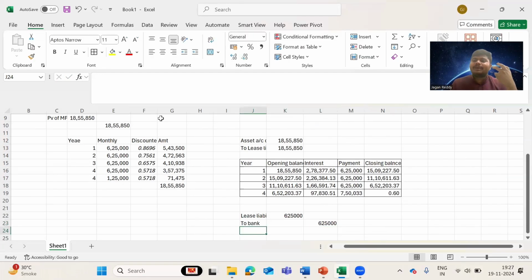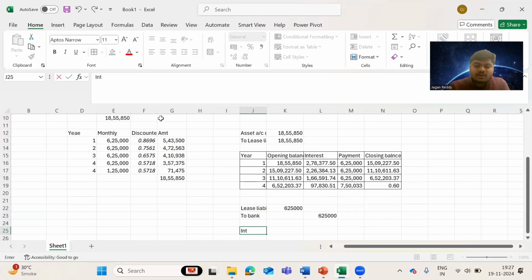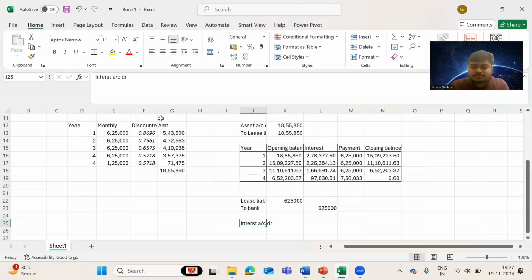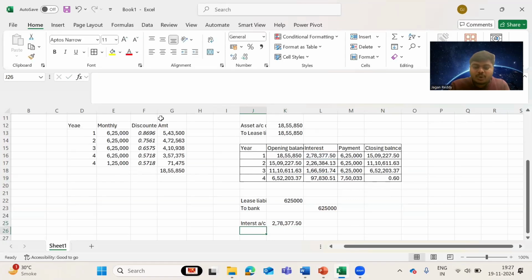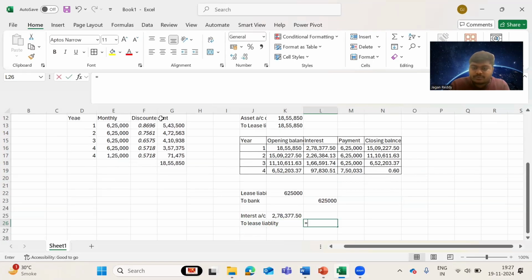So interest has to be debited, whereas lease liability has to be credited. So interest account debit, how much? 2,78,372 to lease liability. So complete.